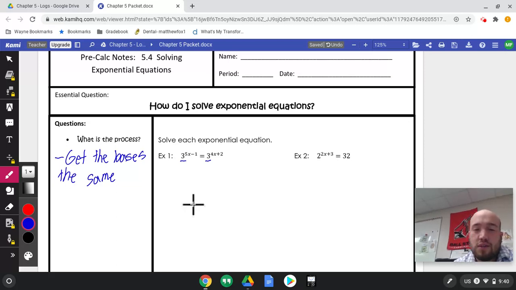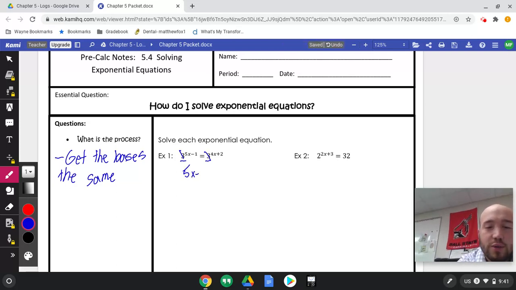So if these both have the same base and they are equal, they have to have the same exponent. That's the only way this could be the case, which means once I have the same base, I can simply eliminate that and just deal with the exponents.